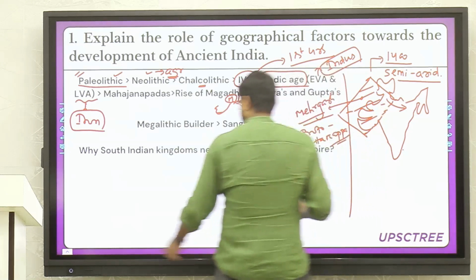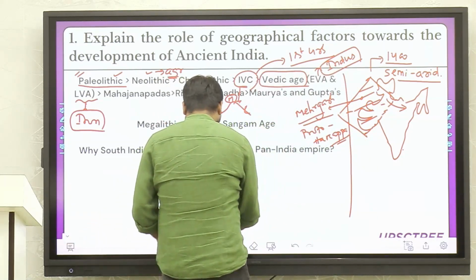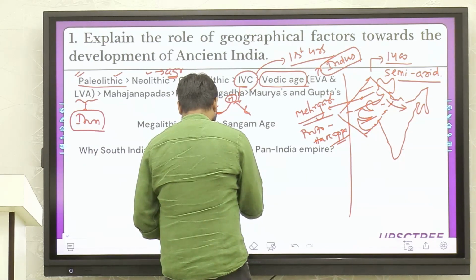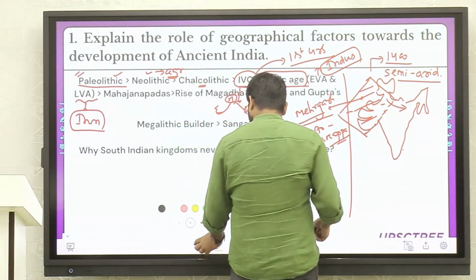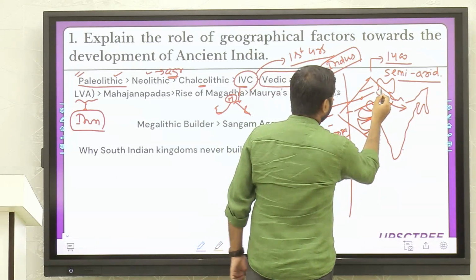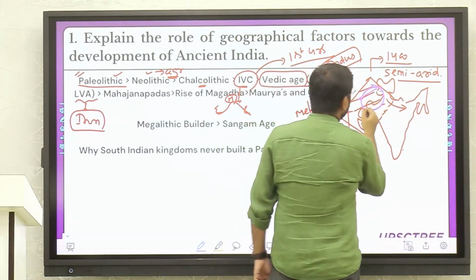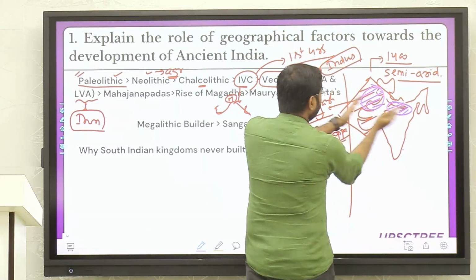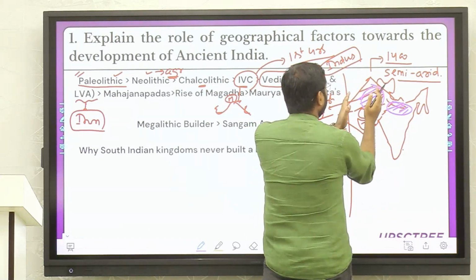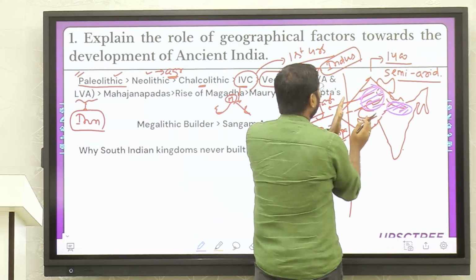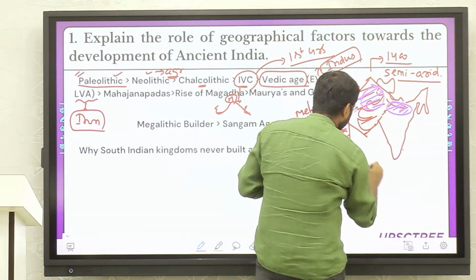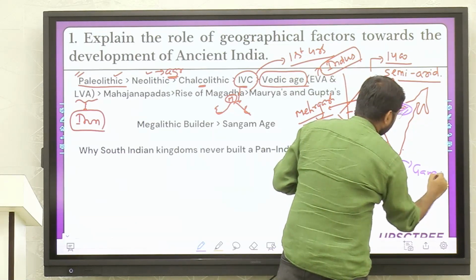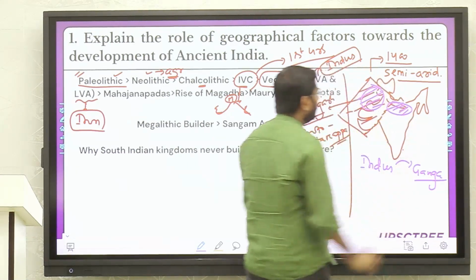So if I show you briefly, early Vedic age settlement will be around here, and in the later Vedic age it will come up to here. That means if you see the difference, early Vedic age people used to live in and around the Indus. Now the shift has happened. People have shifted from Indus to Ganga because they are able to clear the forest and create settlements.